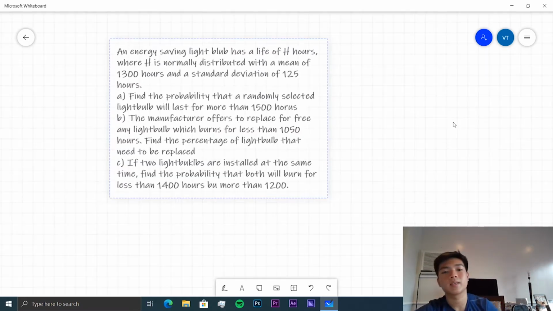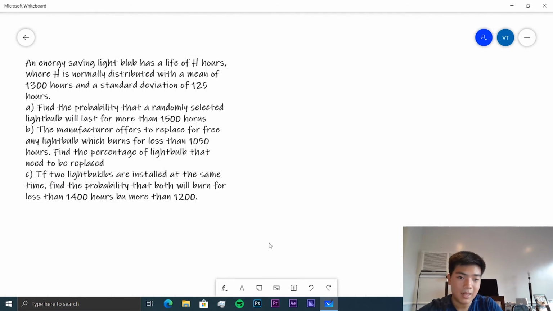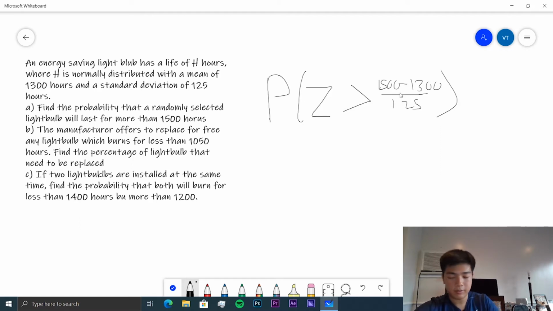Okay, standard deviation. A randomly selected light bulb will last for more than 1,500 hours. You're asking for the probability that the standard normal variable is greater than 1,500 minus 1,300 over 125, which is 200 over 125, which is equal to 1.6.